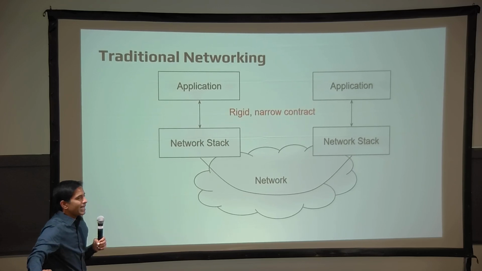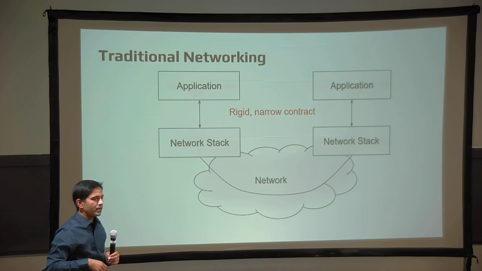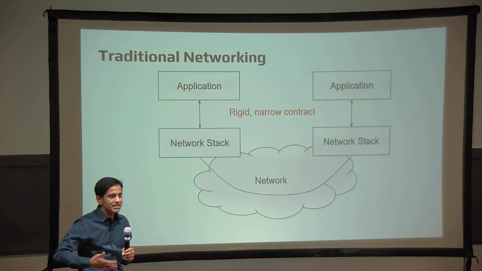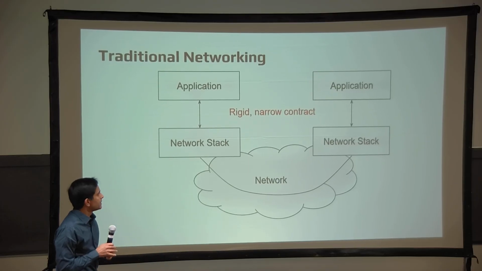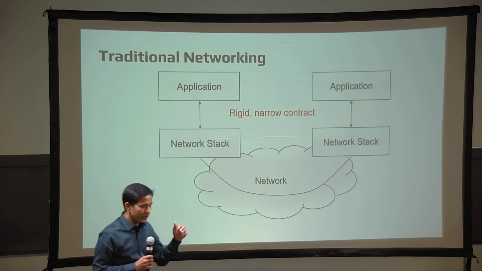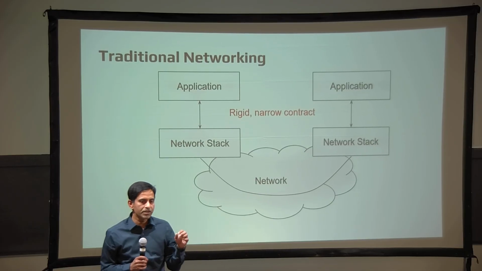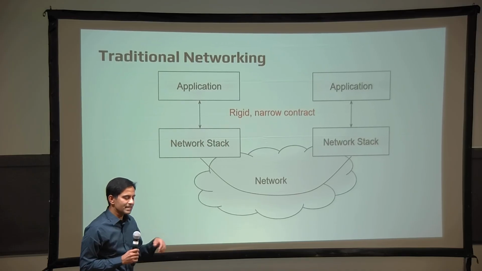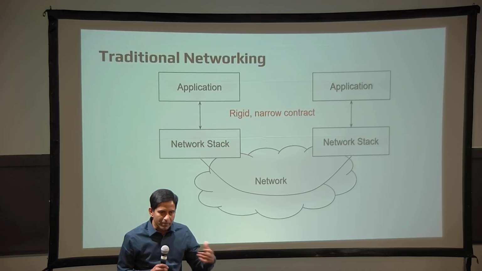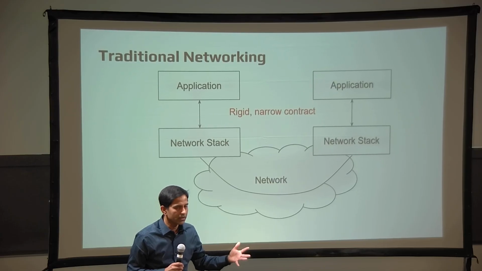Now, there are two aspects to networking that I think fundamentally come in the way of what interesting applications we can realize on networks as they stand today. The first is that the contract between applications and network today is very rigid and narrow. And what I mean by this is that typically you connect and you send bits over the network, and the assumption is that the network is going to deliver the bits, right?